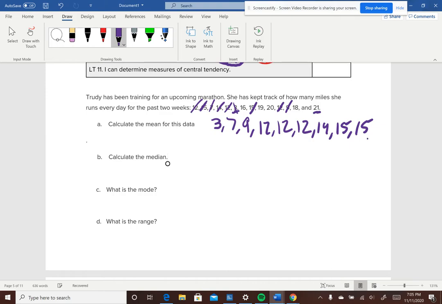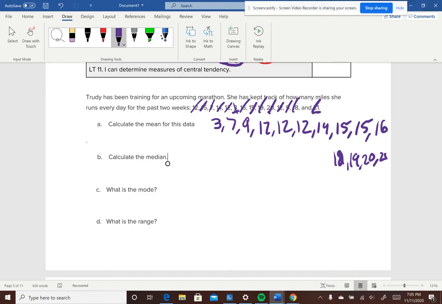Then there's a 16. And there's 18, excuse me. Can't forget about 18. 19, 20, and finally 21. All right, so we have them from least to greatest. That'll help us out big time.